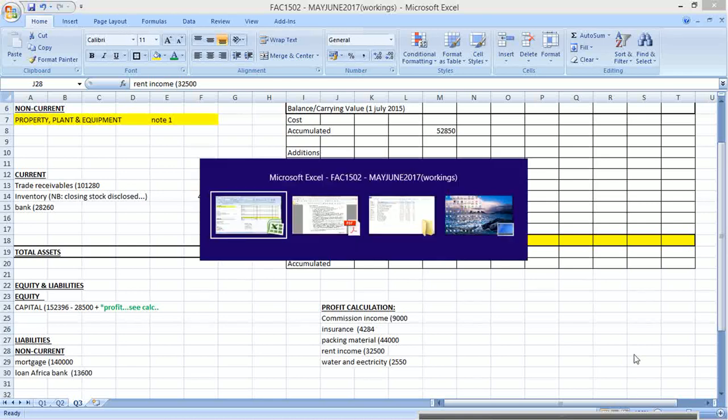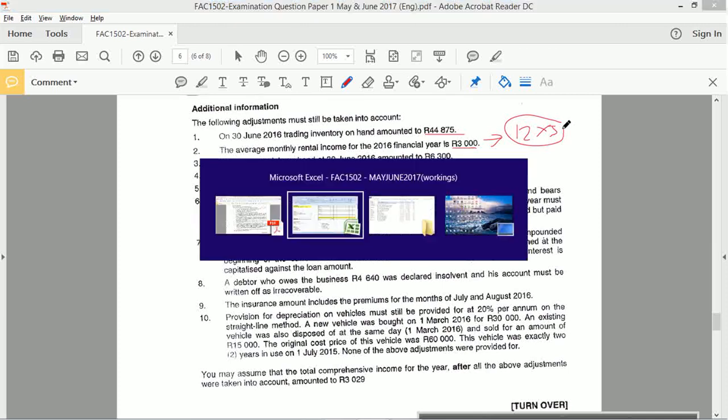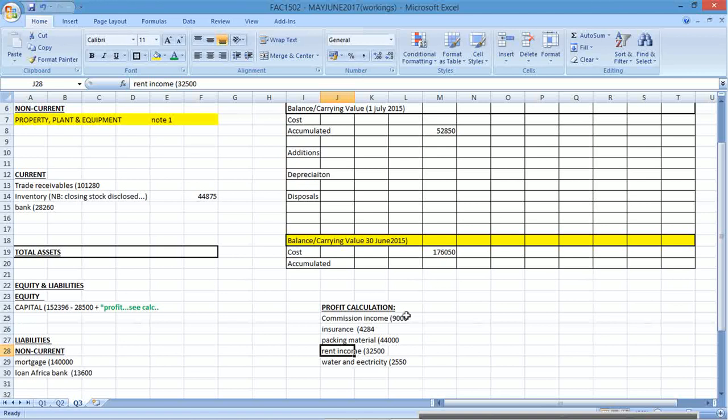Okay, so the rent income we said was how much? 3,000 times 12 months, which is 36,000. Do you agree? Yes. 36,000 is how much I need to show. How much am I currently showing? 32,500. So I need to add 3,500, to make this 36,000.